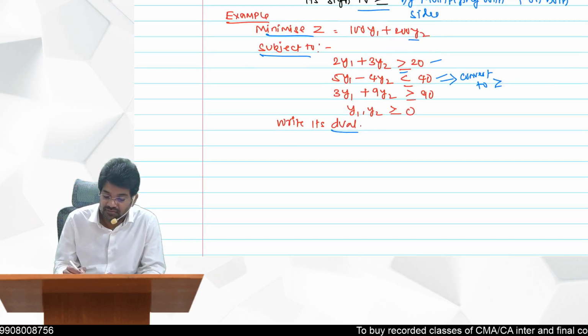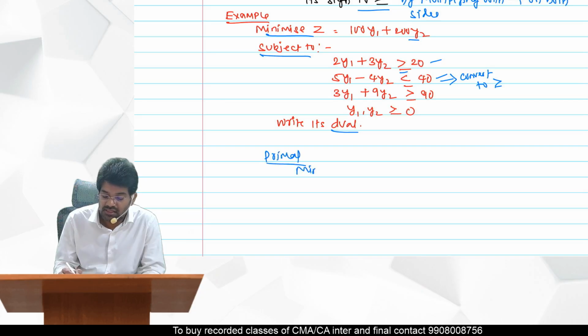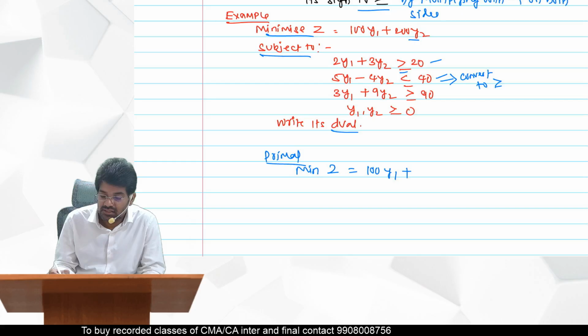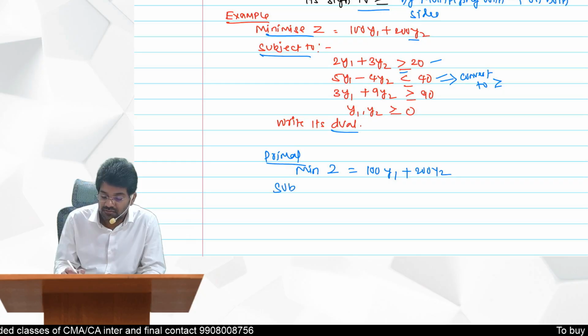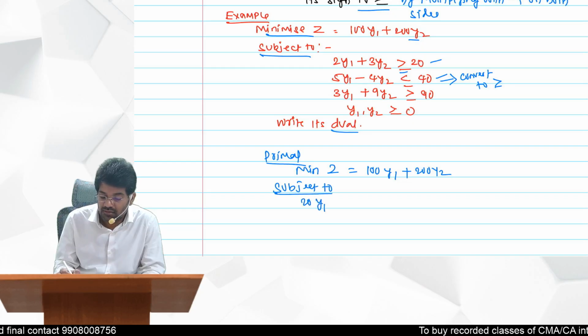So primal: minimize z is equal to 100y1 plus 200y2, subject to 20y1 plus 3y2 greater than or equal to 20.